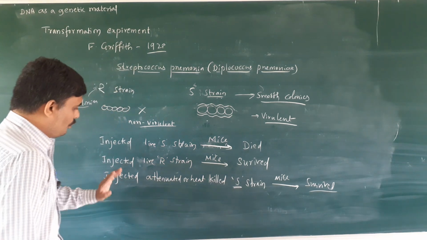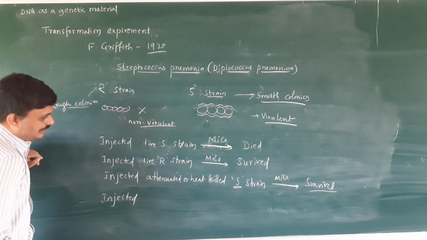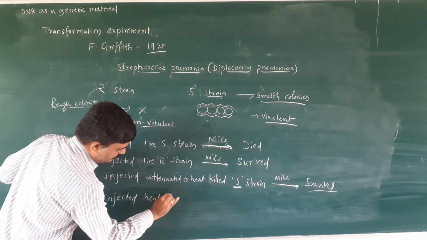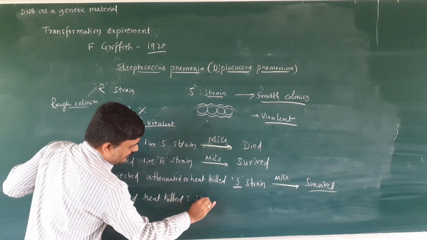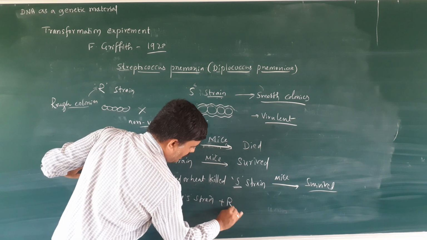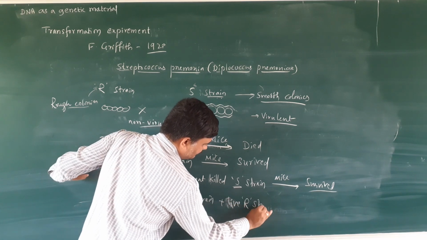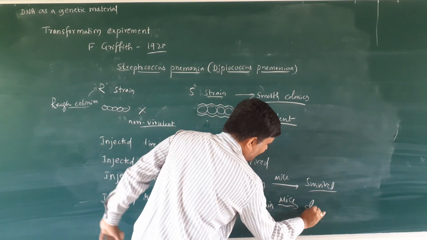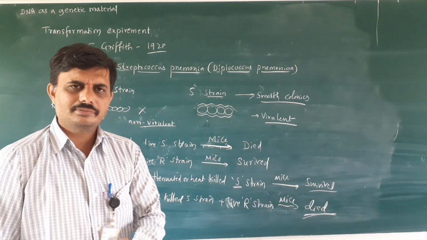And lastly, what he did, he injected heat-killed S strain plus live R strain into the mice, and the mice died. Why is that?